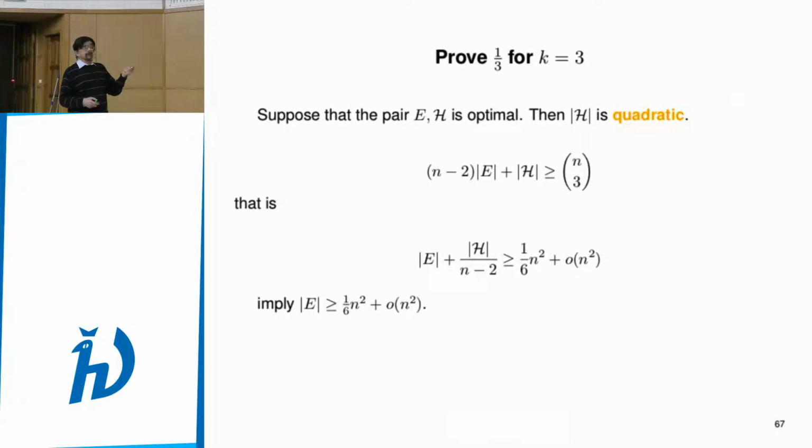And it was on the previous page, and dividing by n minus 2, we get this inequality, which implies, since this is quadratic and it's divided by n minus 2, that this is linear. So this can be pushed into the little o of n squared. So we can forget about this, and E is at least 1 over 6 times n squared.